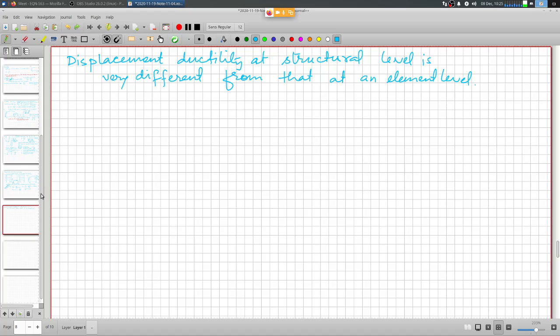So let us try to develop this analogy, to understand this by a simple system which is very often used to describe this problem of element level versus global level ductility.